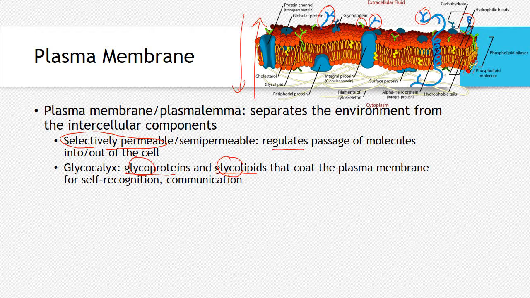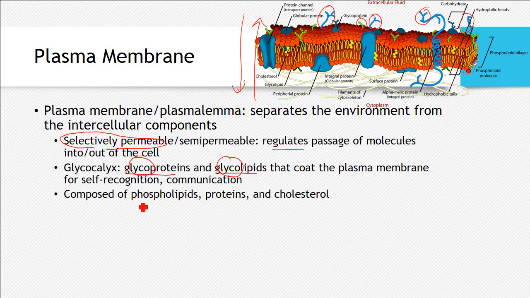Versus if there is say a bacteria that invades, like we get a cut and it invades into our bloodstream, then our immune cells will be able to go, hey, that glycocalyx, we don't recognize that. Let's attack it so it prevents us from getting infection.